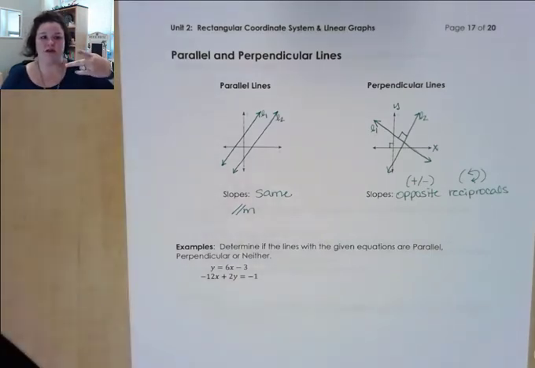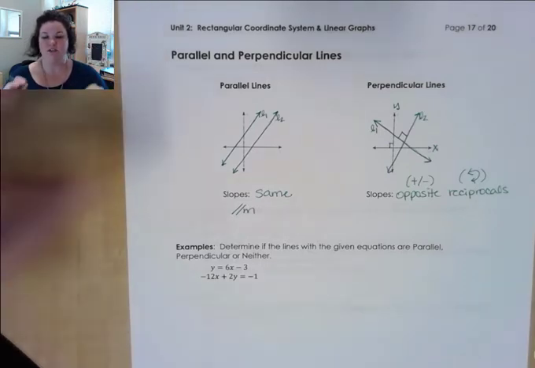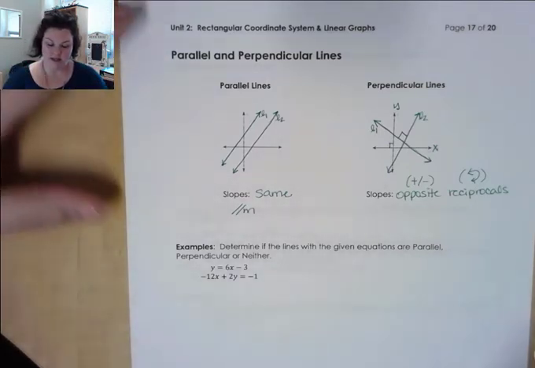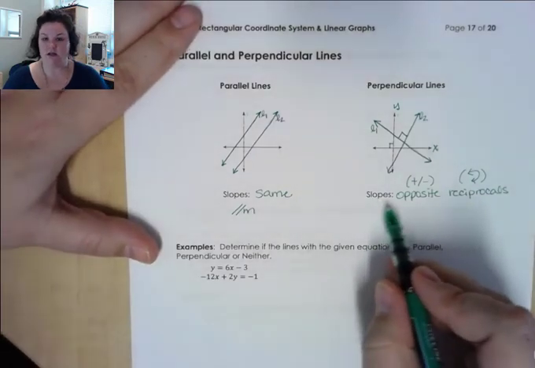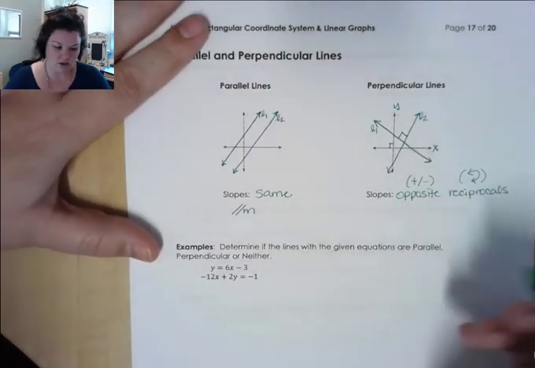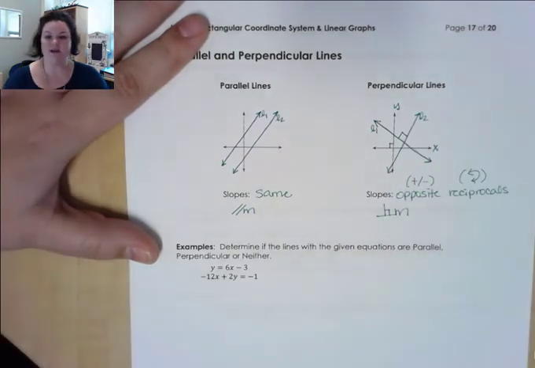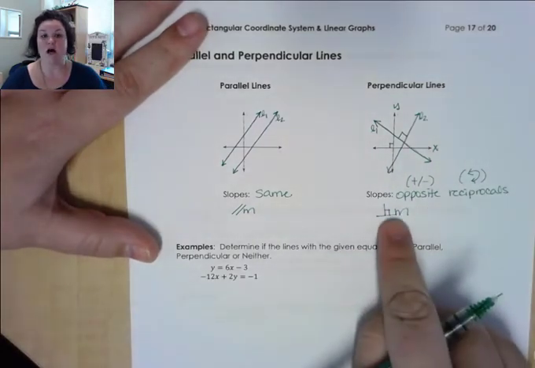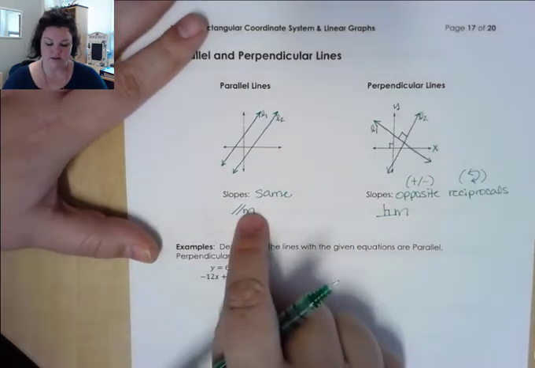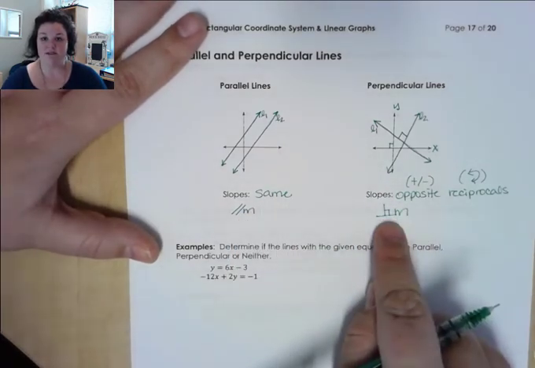Reciprocal means we flip the fraction. So if we had 1/2, we now have 2/1, okay? So we change the sign and we flip it. And the way that we denote perpendicular slopes is with the little 90-degree angle. So we put the little 90-degree angle and then our slope. That way we know it's opposite reciprocals. Parallel is the same, perpendicular is opposite reciprocals.